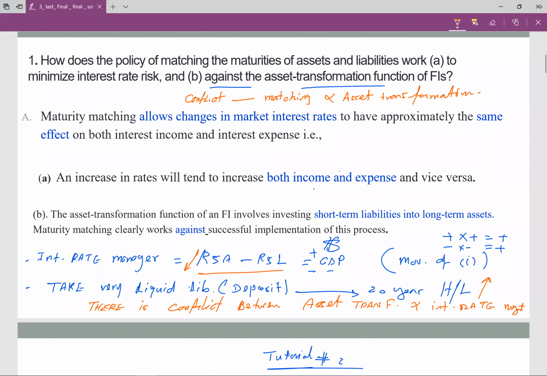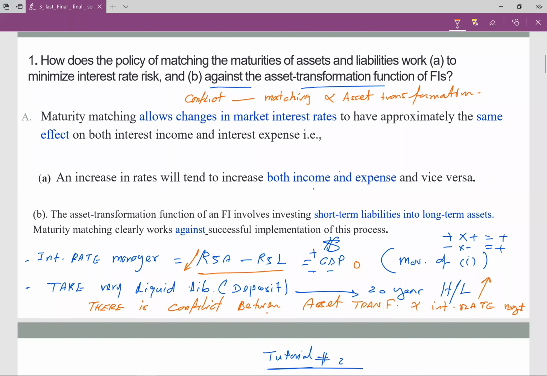Sometimes he only wants this to be zero, to be safe. So he wants to match assets and liabilities based on the movement of the interest rate. This one does not look for matching. So there is a conflict, you can say a conflict of matching and asset transformation, or a conflict between interest rate management and asset transformation, whatever you like.